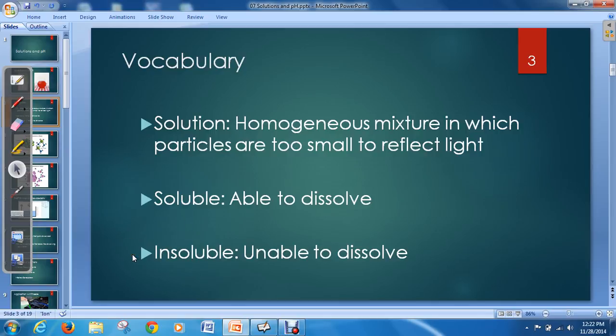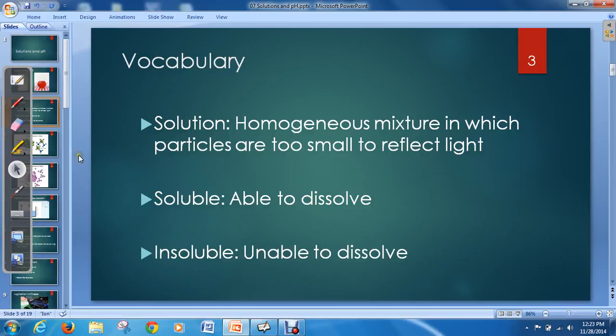You cannot dissolve baking soda in water. So keep that in mind: soluble meaning able to dissolve, and insoluble unable to dissolve. This is some background on solutions and some vocabulary we want to know when we're talking about mixtures.